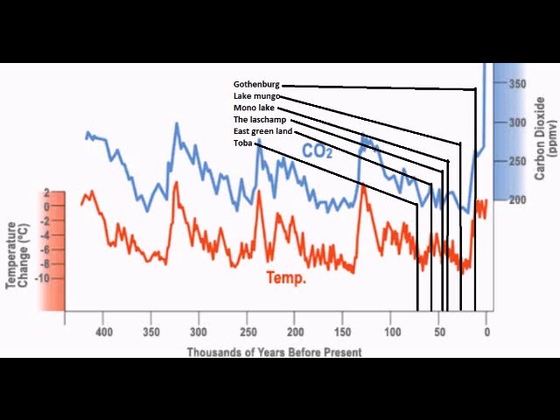And then before that we've got Lake Mungo, and you can see again there is an increase in temperature, not a decrease. And then we've got Gothenburg, which is occurring in an interglacial period, so the temperatures have already risen around 6 to 8 degrees Celsius. And we've got another one occurring, Gothenburg, around 12,000 years ago. So, from what I can see, there is no distinguishable climatic event following an excursion.